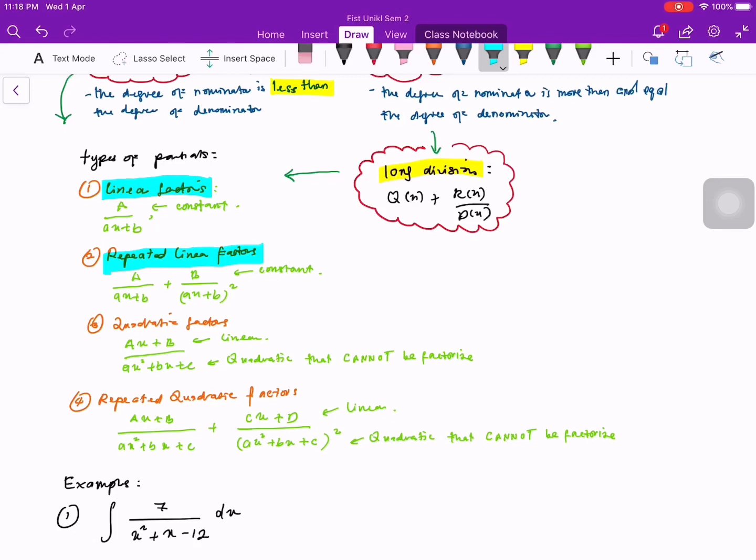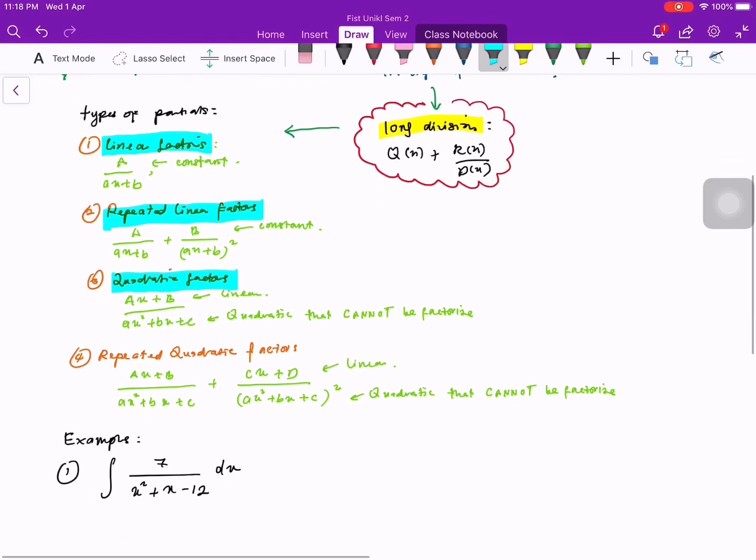Okay, and we also have quadratic factors. Quadratic factors bermaksud quadratic factor yang berada di denominator, yang mana kita tak boleh factorize, we cannot factorize it. So barulah boleh kita consider di numerator kita sebagai Ax plus B ataupun linear.